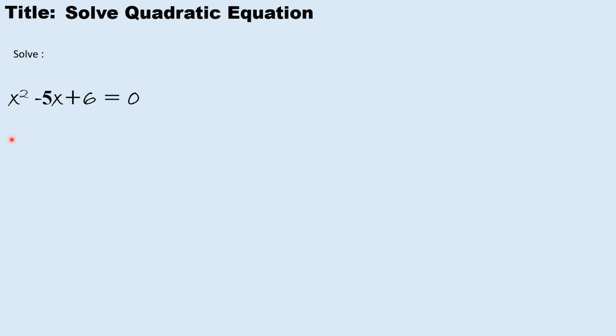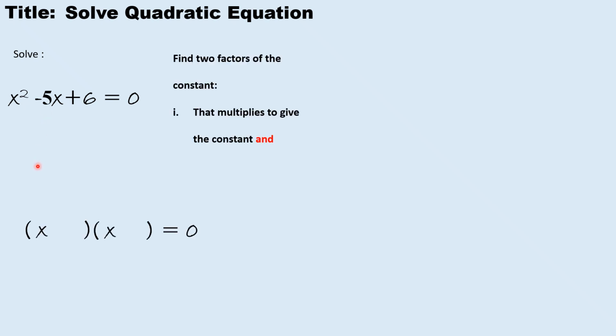Okay, here we go. Let's factorize first. So we need two factors of 6 that multiply to give us 6 and add to give negative 5. So let's start. That is minus 2 multiplied by minus 3, which gives us a positive 6.